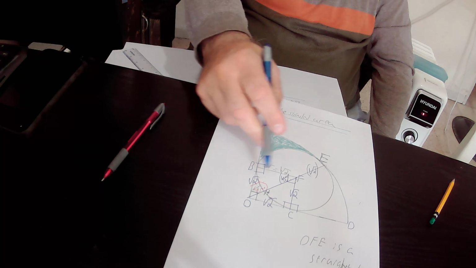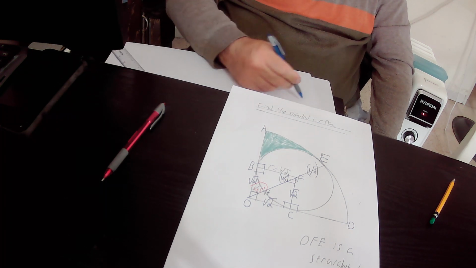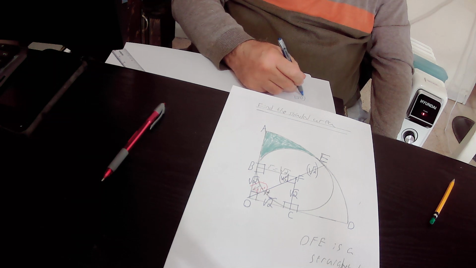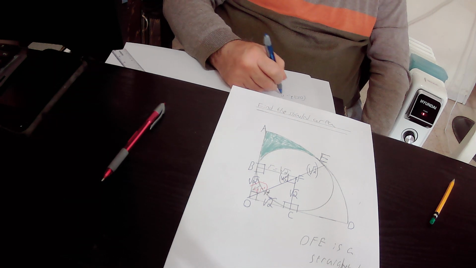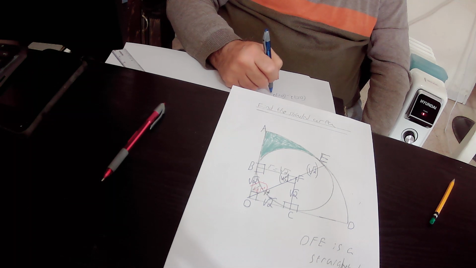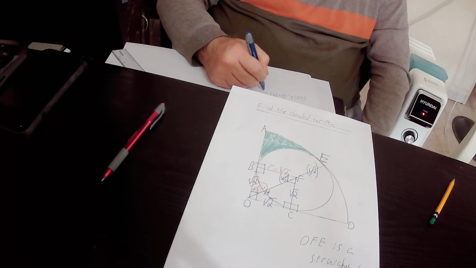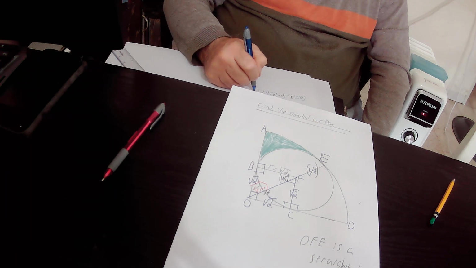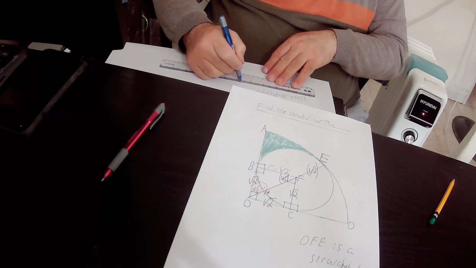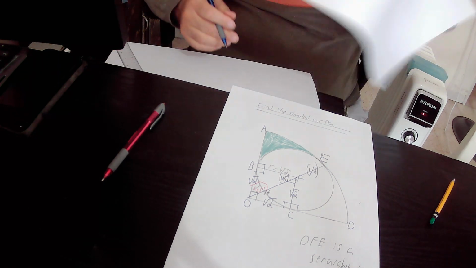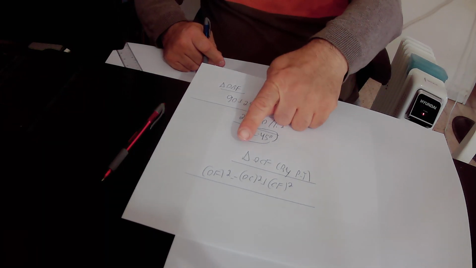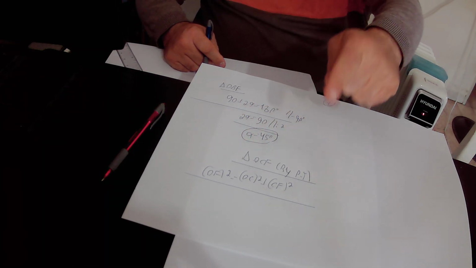That is to say, OF square equals OC square plus CF square. Again, in the right-angled triangle OCF, OF square equals OC square plus CF square.